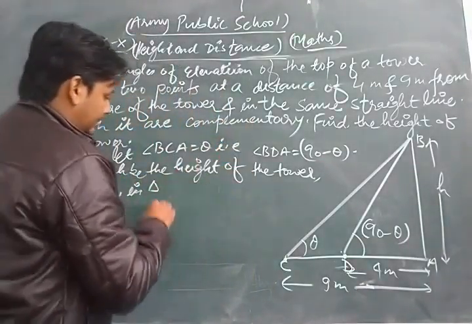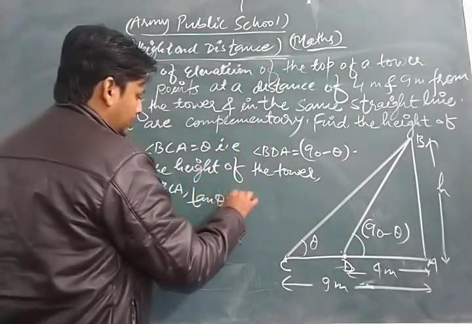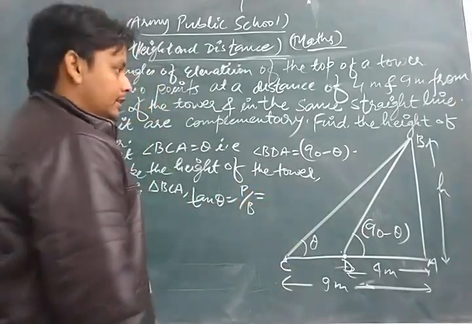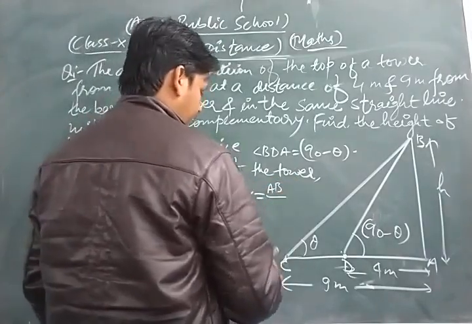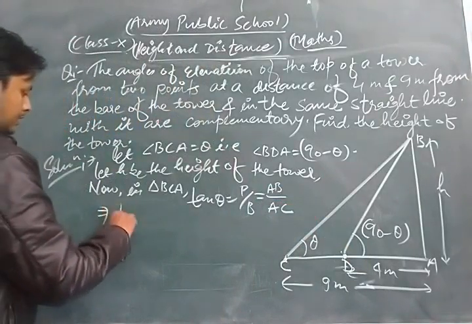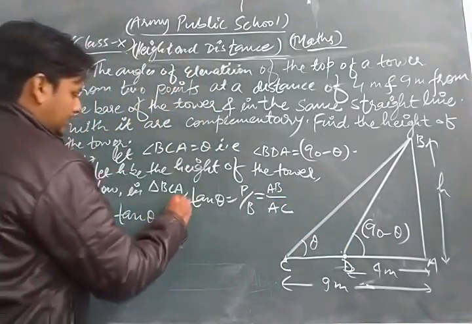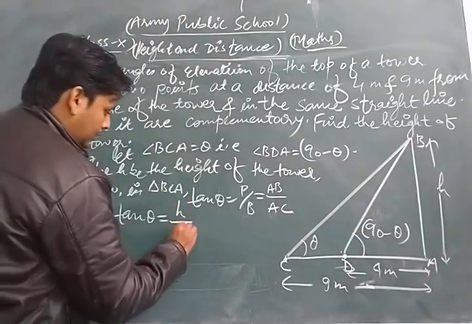Now, in triangle BCA, we apply the tangent rule. So tan theta is equal to perpendicular upon base. So perpendicular is AB and base is AC. So tan theta is equal to AB, that is H, upon base AC, that is 9.